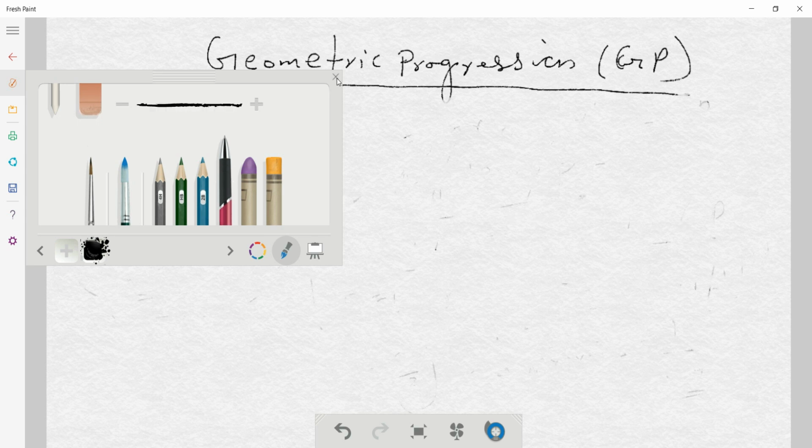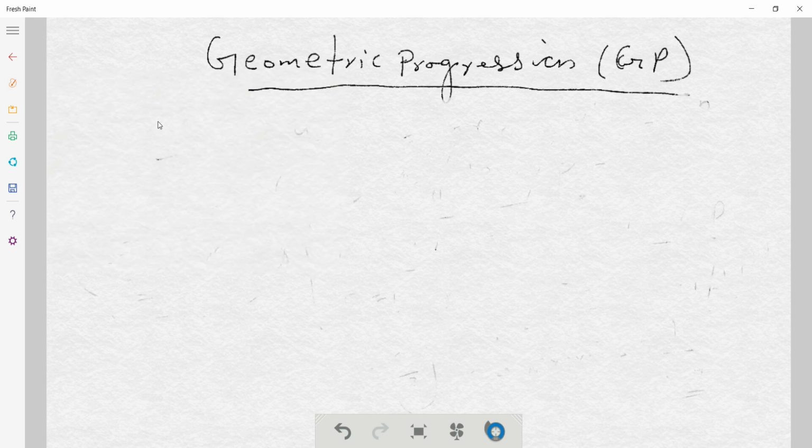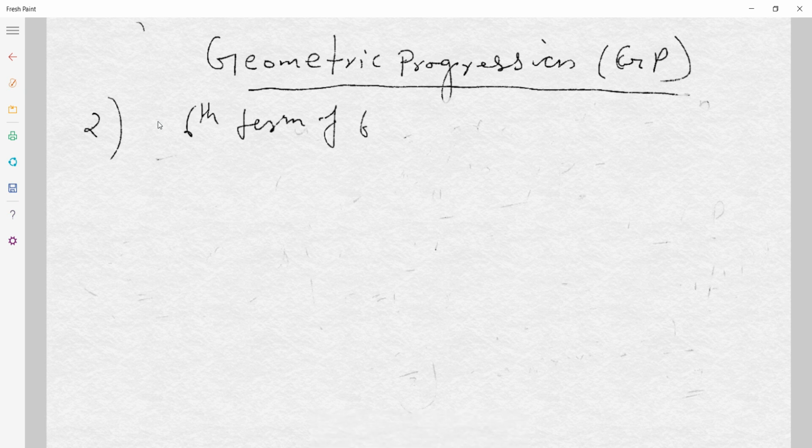We're going to do one more exercise here. This is the second exercise: find the 6th term of a GP, 36, minus 12, 4. Now A, as usual, is 36.